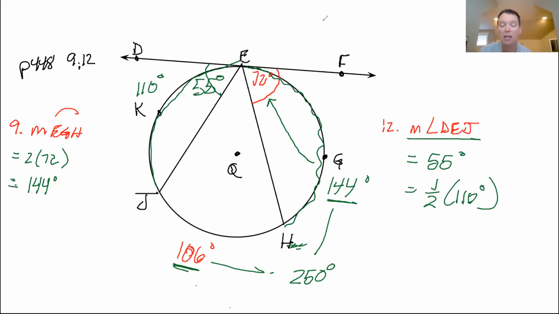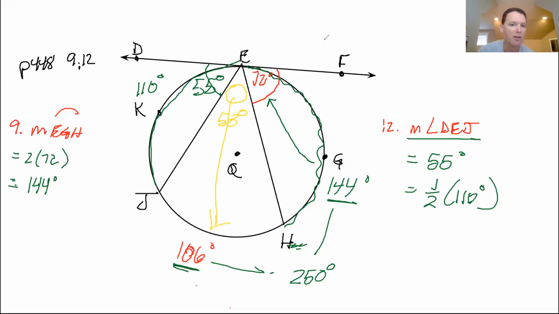Now, if you can hang in there just a few more seconds, I want to show you something I think is cool. The only thing we're missing along this straight line is this angle right here, right? But I know that angle intercepts this arc. So if I take half of that arc, I'm going to get 53 degrees there. Now, why is 53 interesting to me?